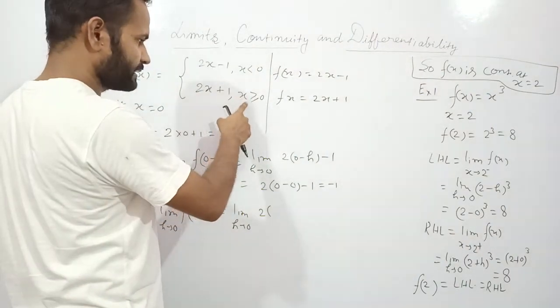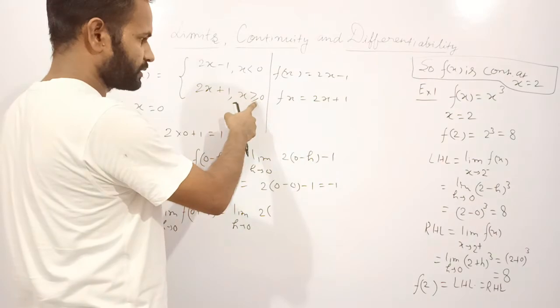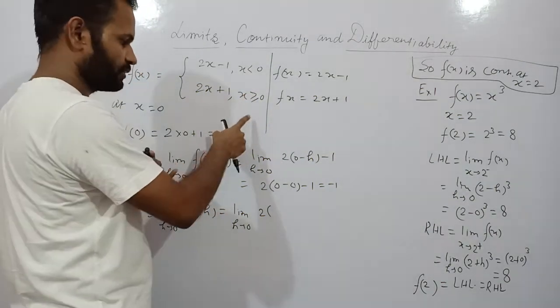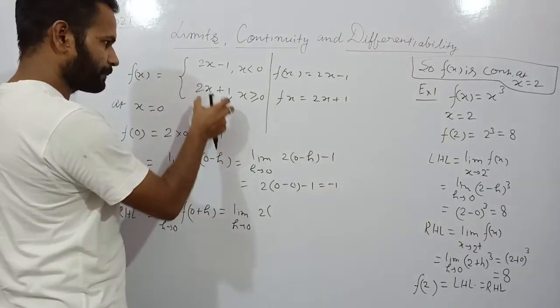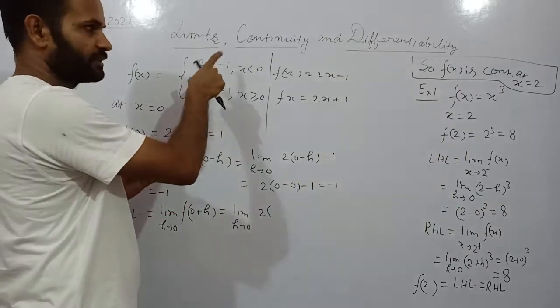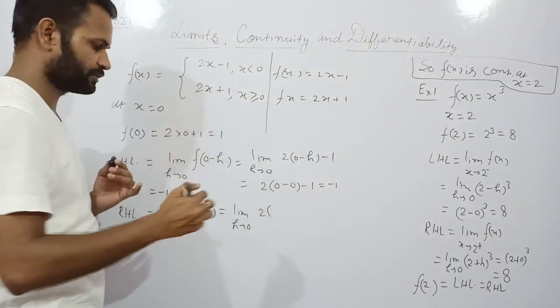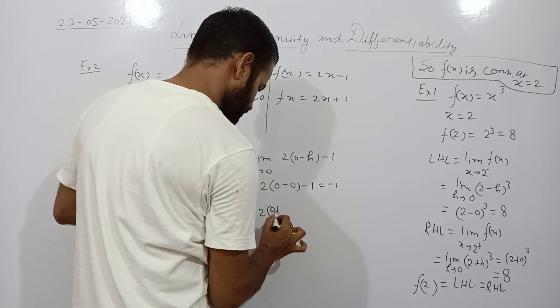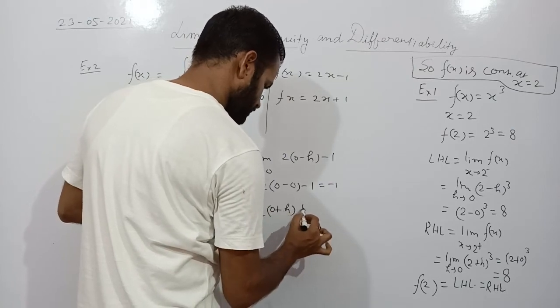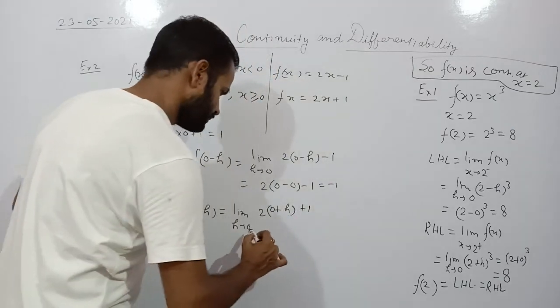So this is greater than or equal to 0. For this limit we can apply this expression, not the other expression, which was for values less than 0. So 2(0 plus h) plus 1.